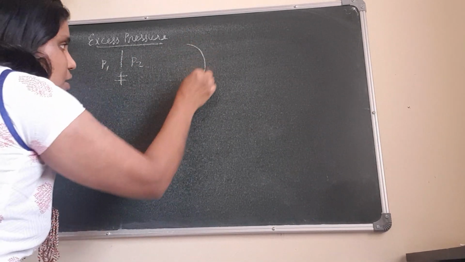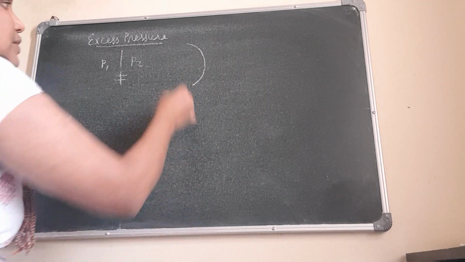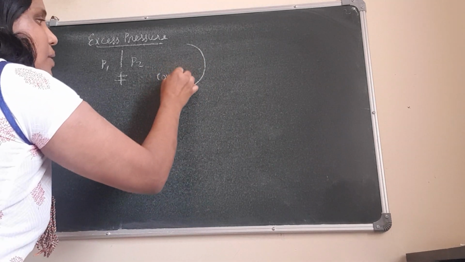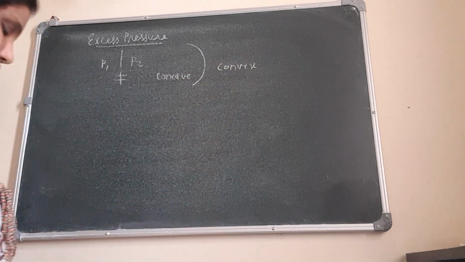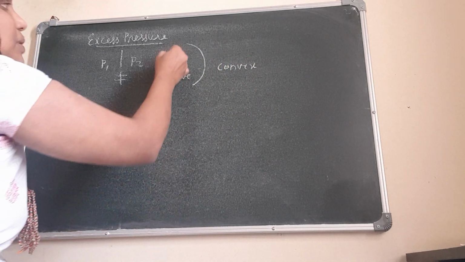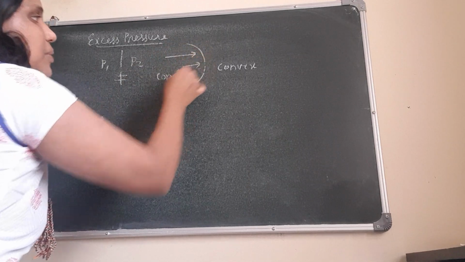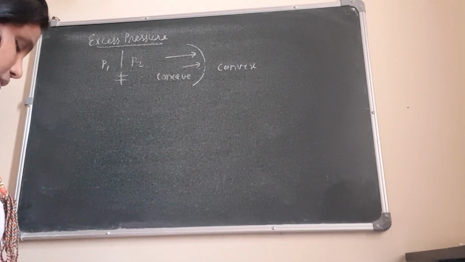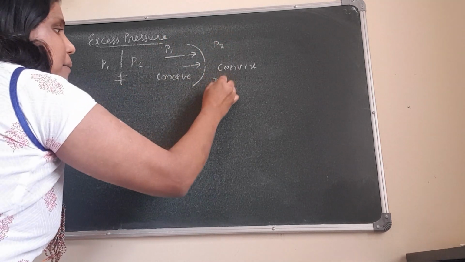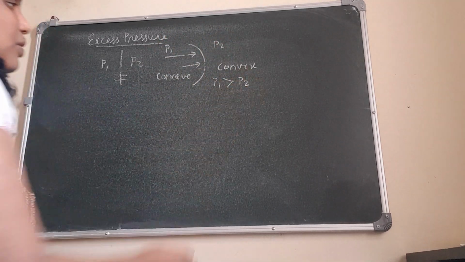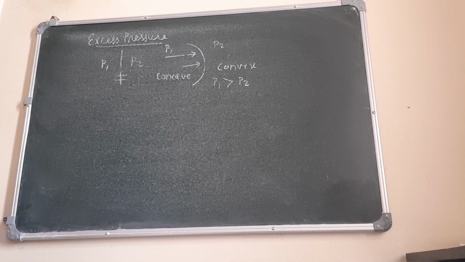But if I have a curved surface like this, this side is concave surface, sorry, convex surface. Where will the pressure be more? Obviously, the pressure will be more here. It's trying to push here. Correct? So if I say this is P1 and this is P2, P1 is greater than P2 here. Pressure at the concave surface is always greater than the pressure at the convex surface.